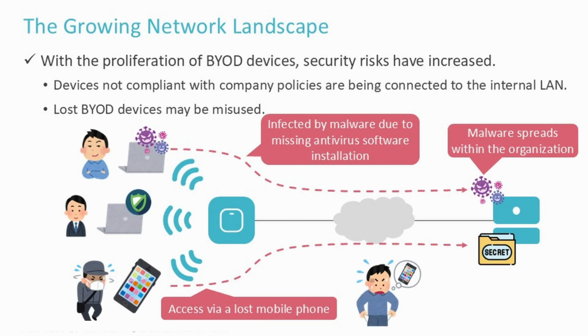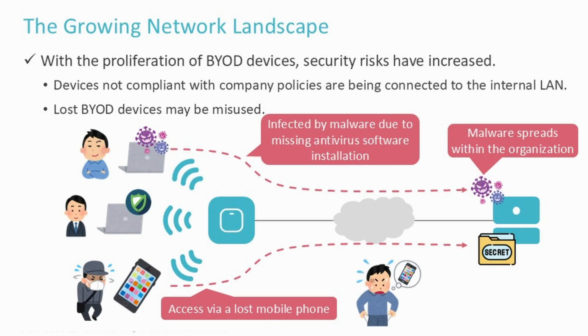There are cases where an employee's BYOD device that violated the rule of installing antivirus software gets infected with malware, and from there the malware spreads to the organization's network, causing a security incident. There are also cases where a lost BYOD smartphone ends up in the hands of a black hat hacker, and the lost BYOD device is exploited to connect to the organization's network, causing a security incident.